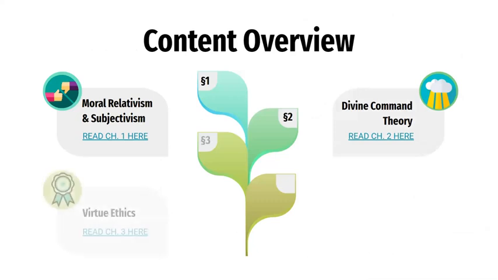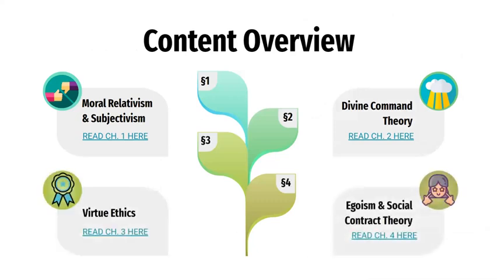So what we want to do is lay out, again, the major theories that have shaped ethics and philosophy as long as philosophy has been around. So we'll talk a little bit about moral relativism and subjectivism, which are contained in chapter 1. We'll also briefly mention divine command theory, virtue ethics, and egoism and social contract theory, all of which have their own chapters.